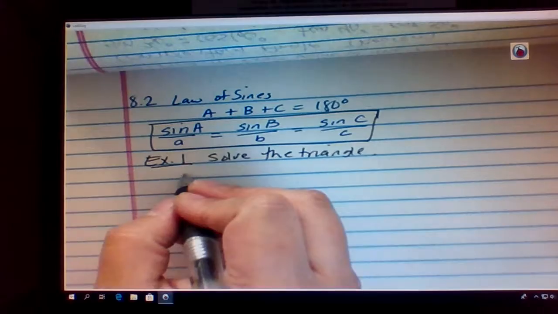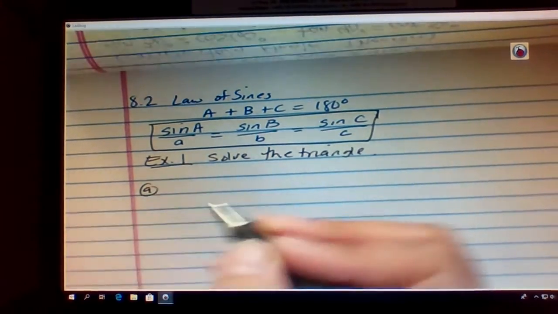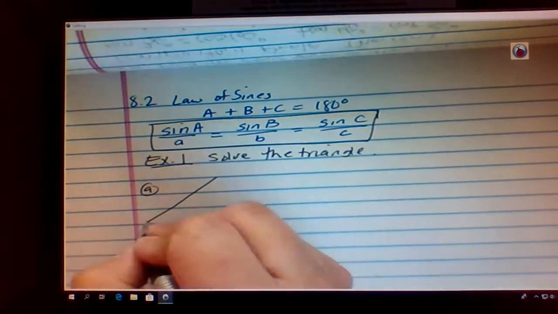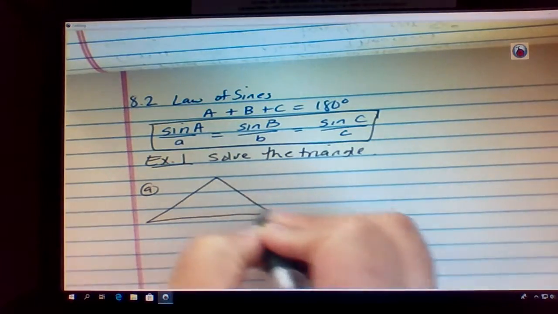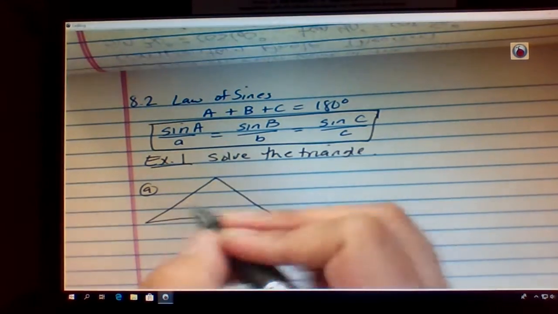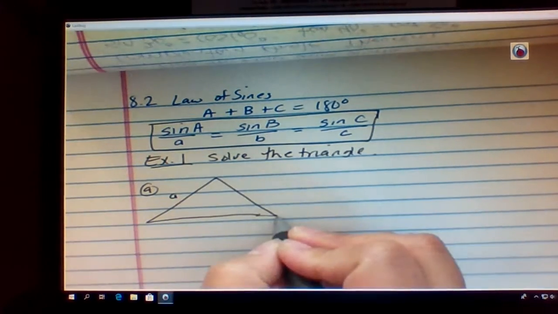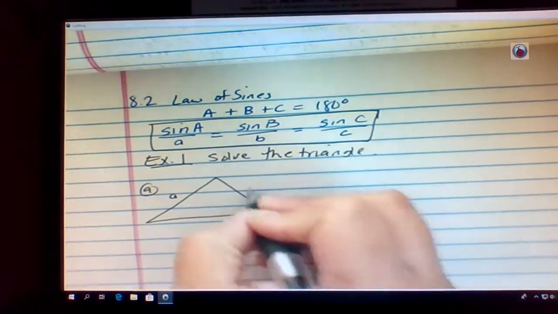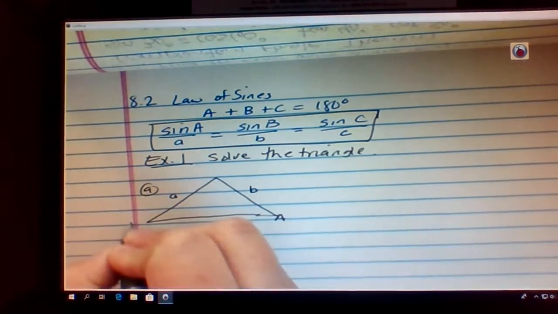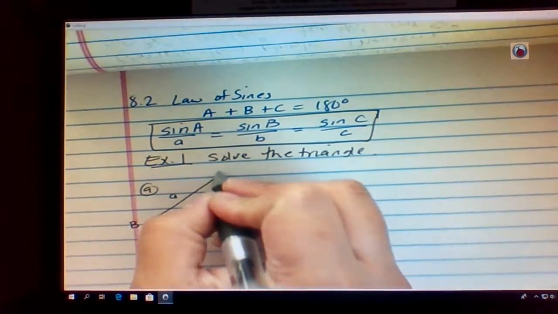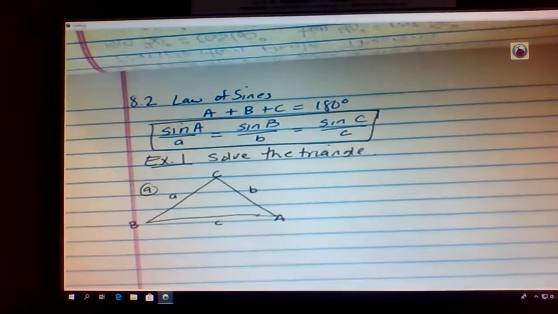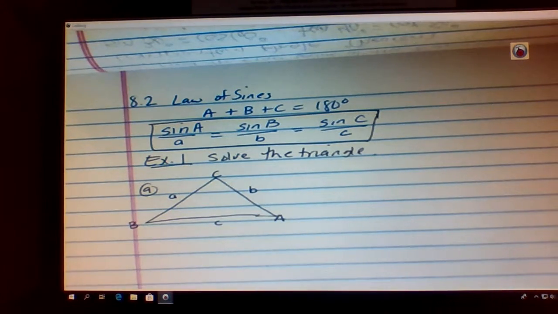Let's say for problem number 1, they're going to give you a picture. If this is little a, then this has to be angle A. If this is little b, this is B, and then this is C, so this is little c. I know it might look like a 90-degree angle, but it's not.